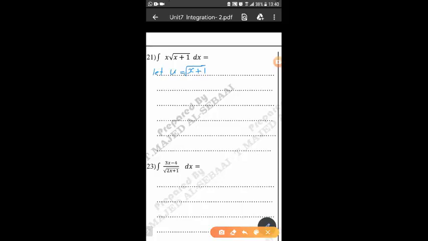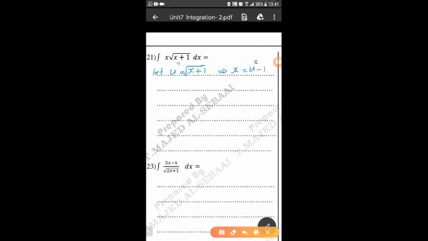Okay? See this. I want you to see what is x in this case. It will be u squared minus 1, right? If I try to make x the subject, I will square both sides.